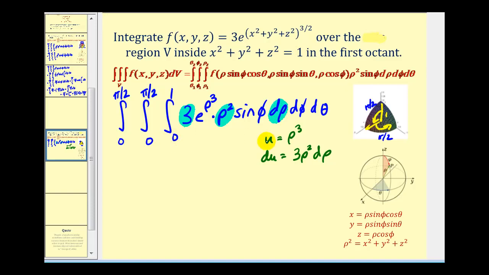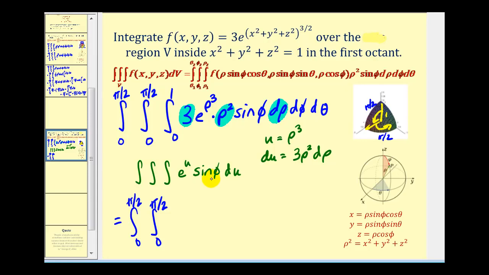So if we write this in terms of u, we would just have e to the u sine phi du. This would give us e to the u sine phi. Well, e to the u is e to the rho to the third sine phi.